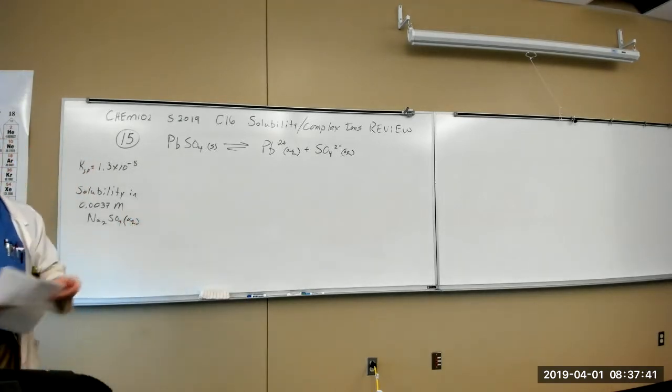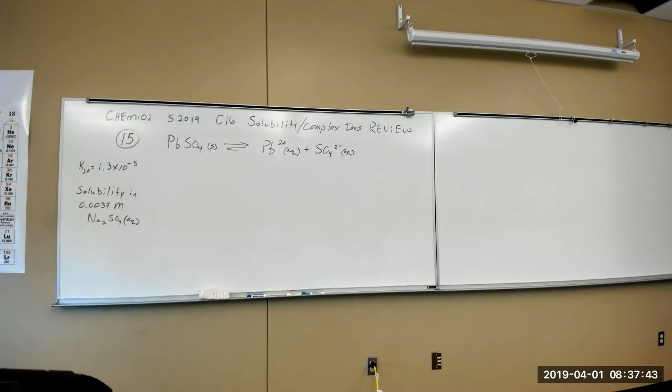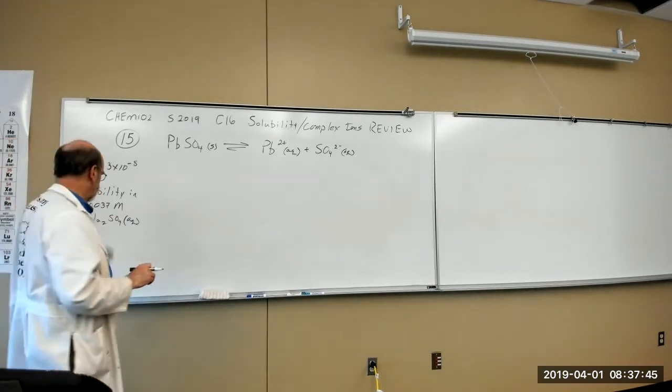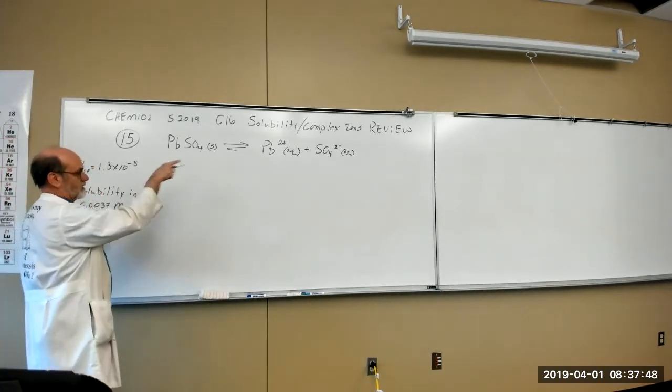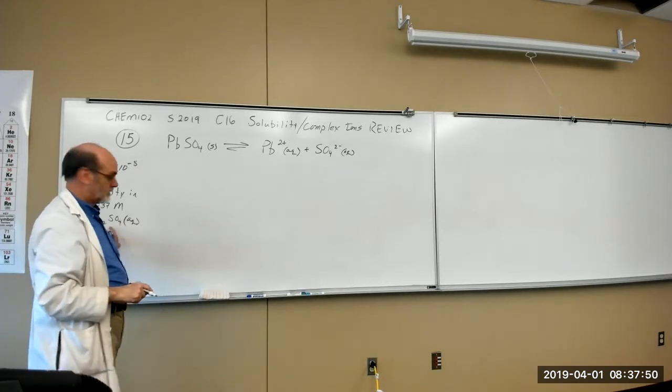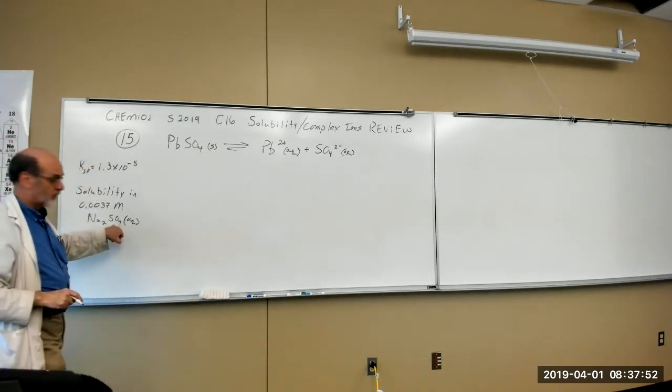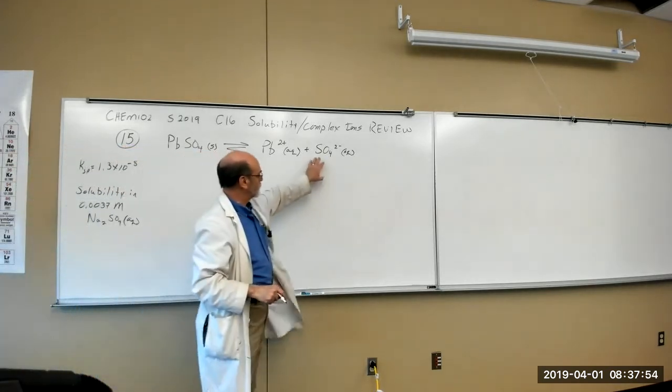Okay, the first question you ask yourself is, is there a common ion? Is there something in this solution that will affect that equilibrium? And it will, because you're starting out with a sum of this.